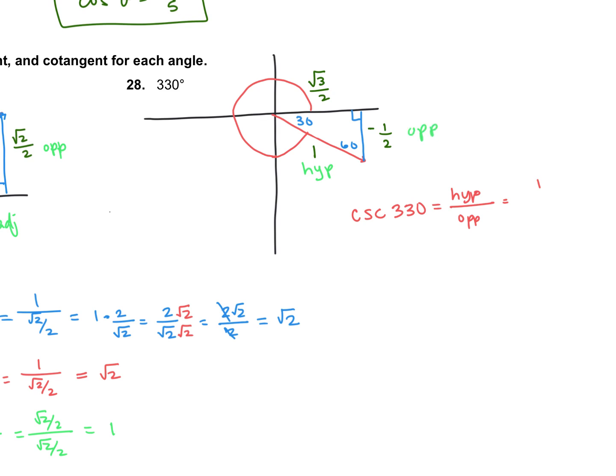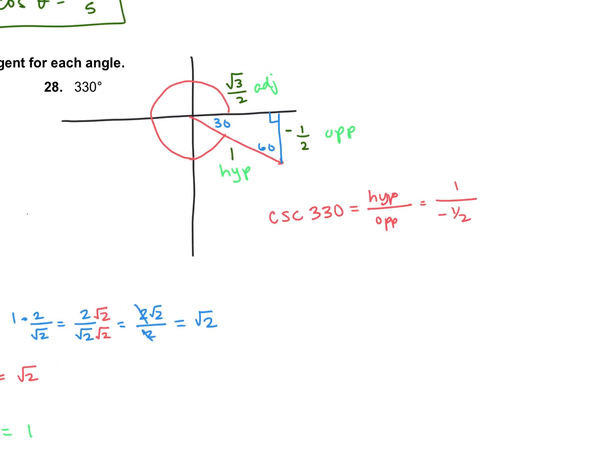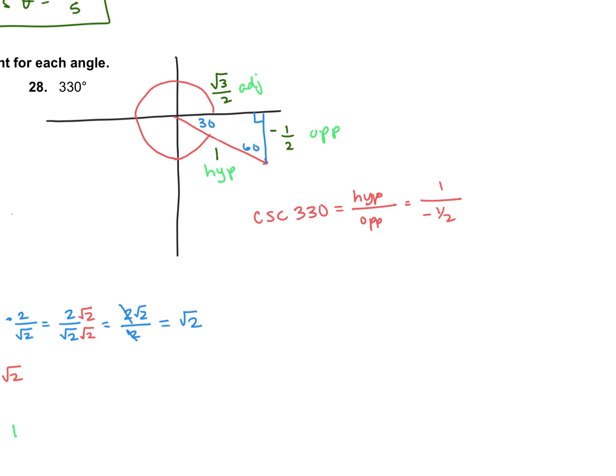Here's the opposite side, and here is the adjacent side. Okay, so hypotenuse is 1 over the opposite is a negative 1/2. So again, we are dividing by a fraction. So instead of dividing by 1/2, the 1 will multiply by the reciprocal, negative 2 over 1. And 1 times a negative 2 over 1 is just a negative 2. So the cosecant of 330 degrees is negative 2.